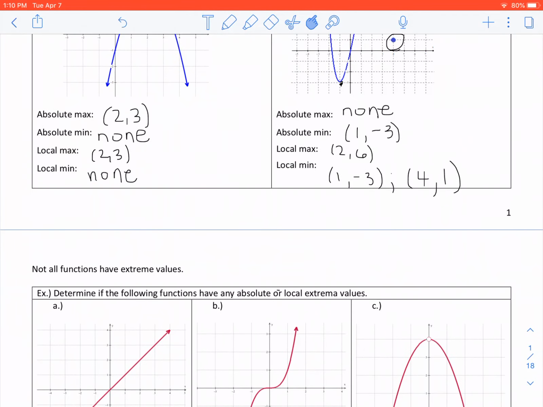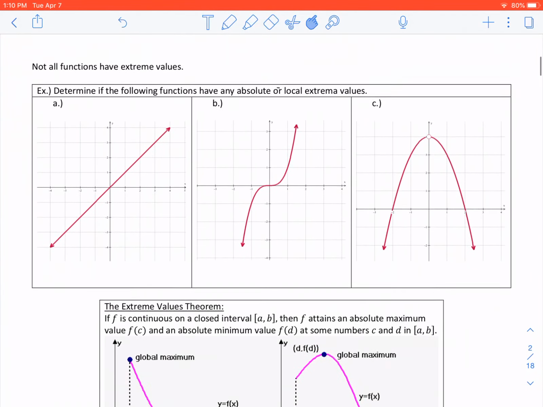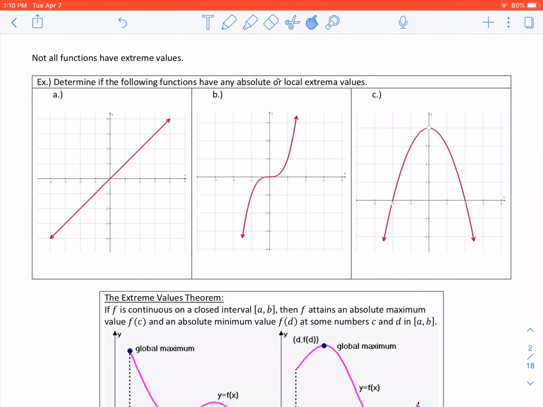Okay, on page 2, it says not all functions have extreme values. So there's an example here. It says determine if the following functions have any absolute or local extreme values. The first one has none, because it's extending up to infinity and down to negative infinity.